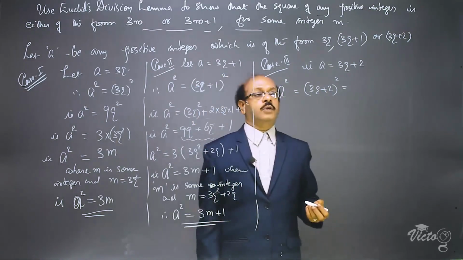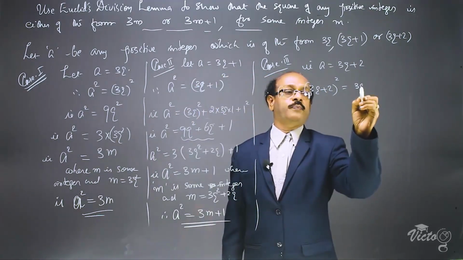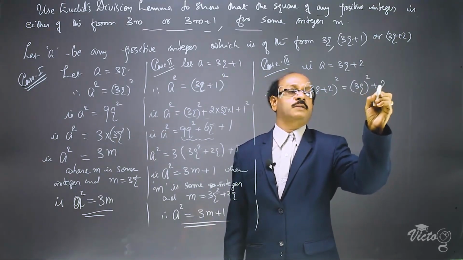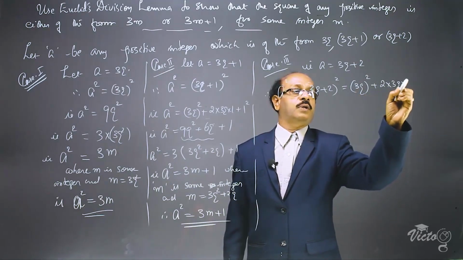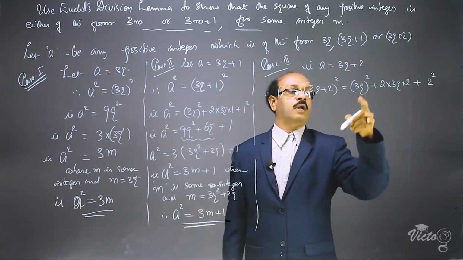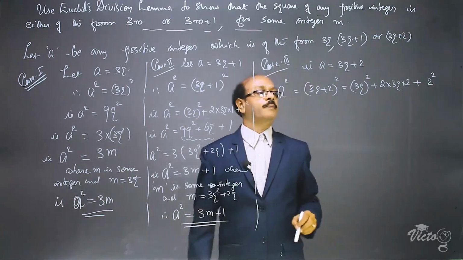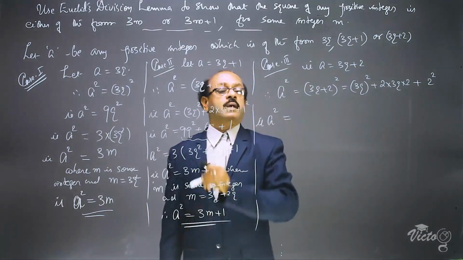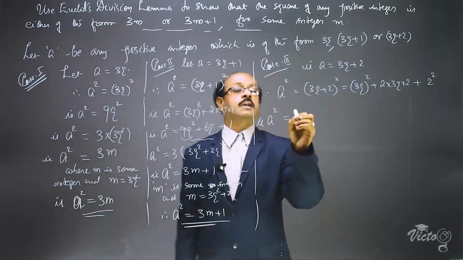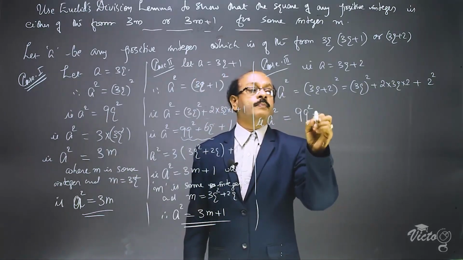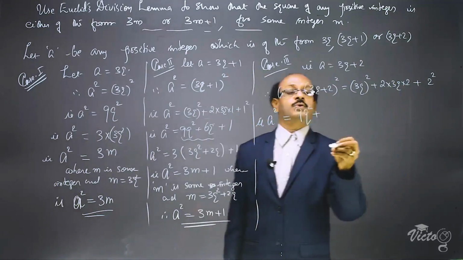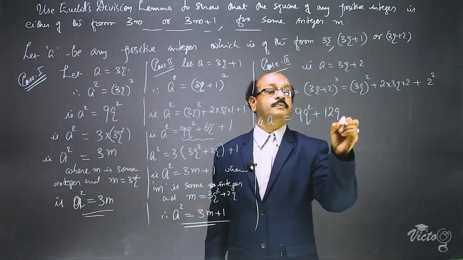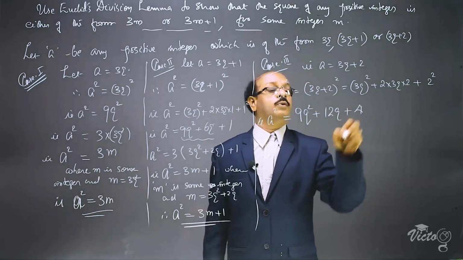That is, 3q the whole square plus 2 into 3q into 2 plus 2 square. Now a square is equal to 9q square plus 12q, then plus 2 square, which is 4.